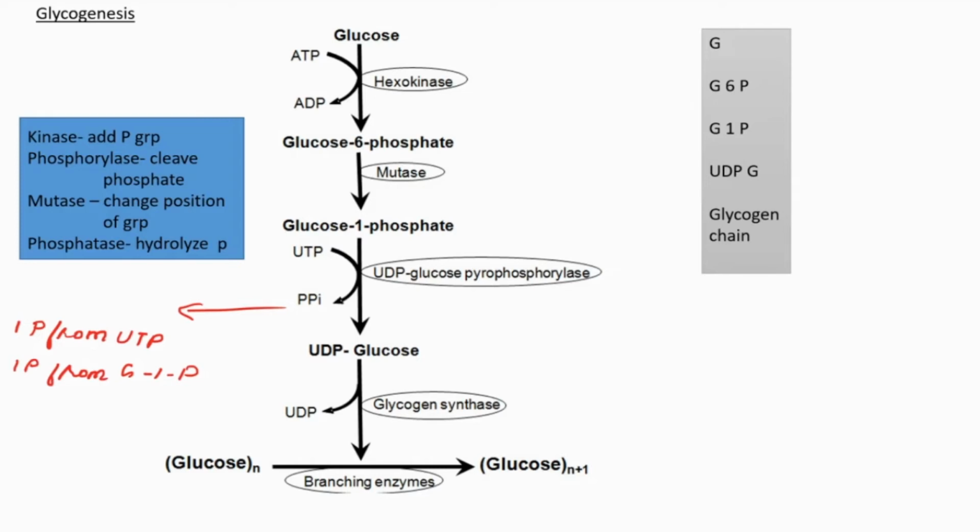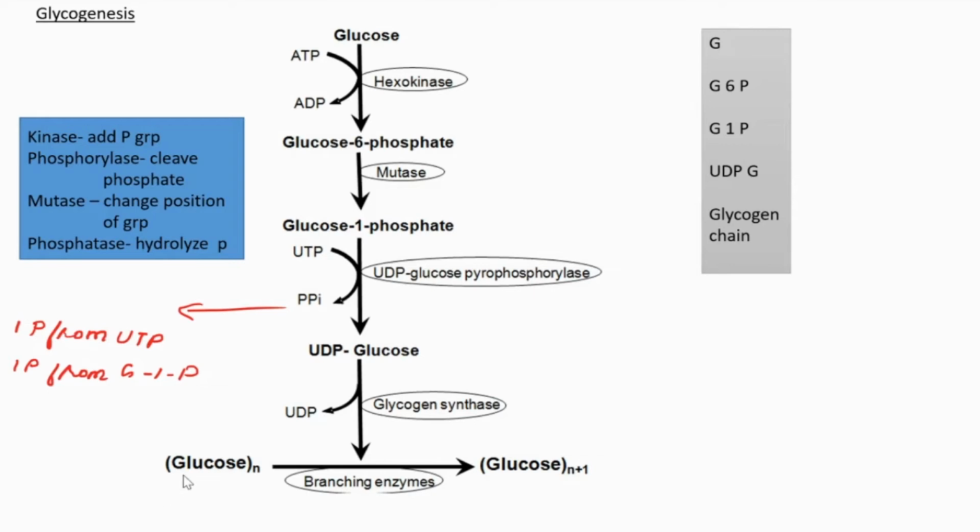What are alpha and beta, and what's the difference? We learned that in the first chapter of biochemistry, so leave it. In that way, glycogen synthase is adding glucose monomers.